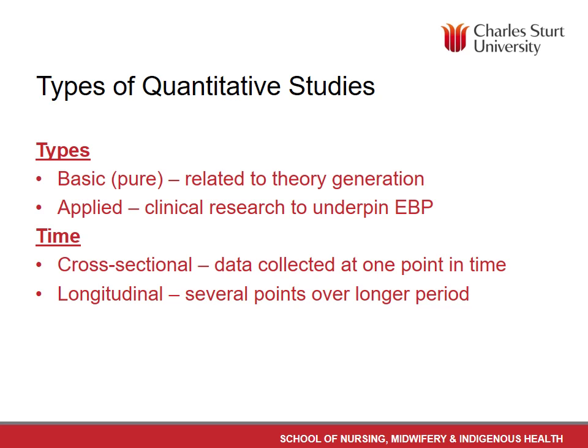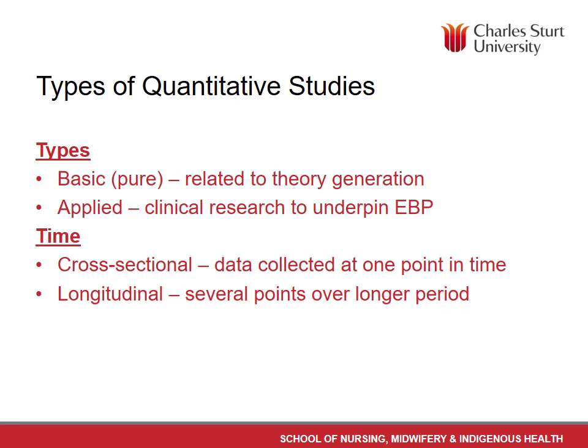When we think about some of the famous physicists over time, they've done quite a lot of pure research. Applied research looks to undertake research that will be able to be used in the clinical context, that clinical research to underpin evidence-based practice or evidence-informed practice.